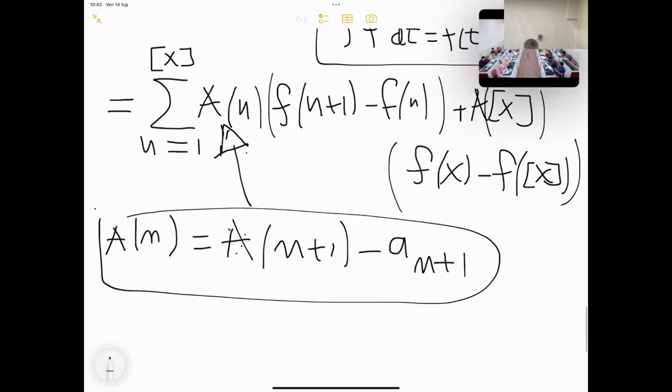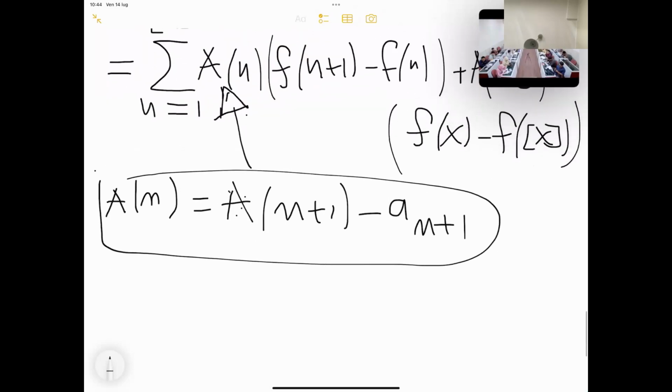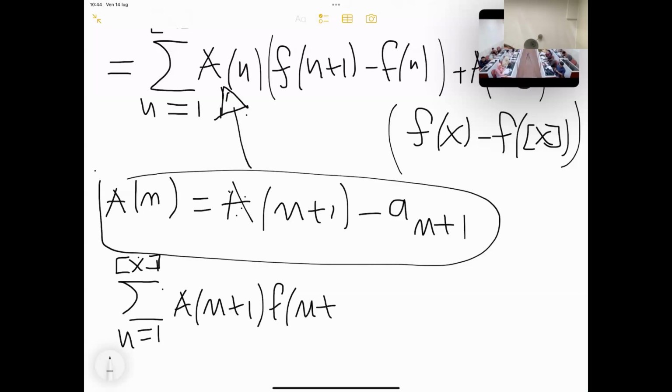So if I do this, there's a lot of cancellation, because what you will get here is the following. You will get the sum for n goes from 1 to integer part of x of A of n plus 1 times f of n plus 1, minus the sum for n from 1 to the integer part of x of A of n plus 1 times f of n plus 1.